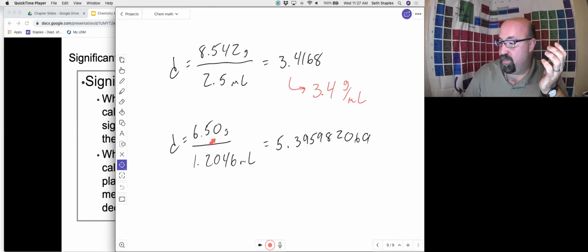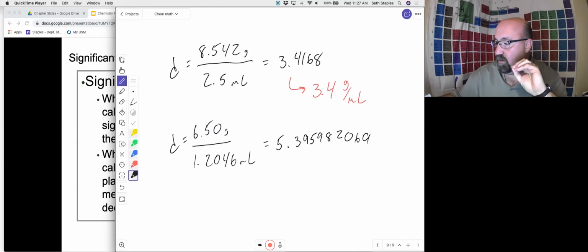But now we have to go back and look at our actual measurements. 1, 2, 3. This 0 is significant here because it's a 0 coming after a non-zero after the decimal point. So we have 3 significant figures. We have 1, 2, 3, 4, 5 significant figures in our volume. And so our lowest number of significant figures is 3, and our answer has to be rounded to 3 significant figures.